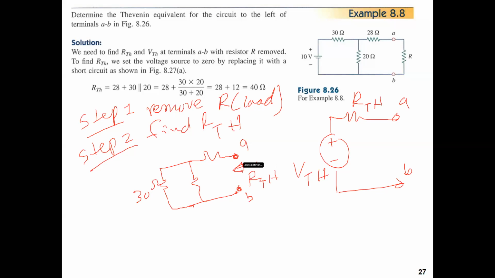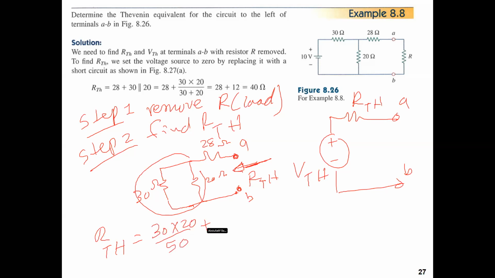We determine RTH from this side, so we have to start from here. Do not combine the 28 ohms with the 28 ohms. We have to start from the far left end. So RTH will be 30 times 20 in parallel, plus the 28. So this will be 40 ohms. So this is step number 2, to find RTH.